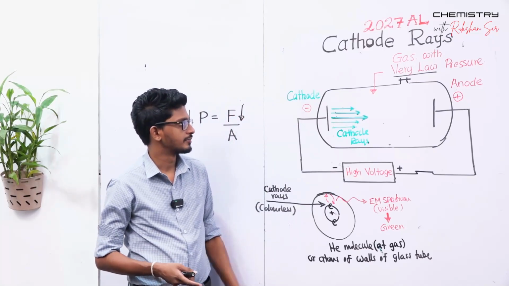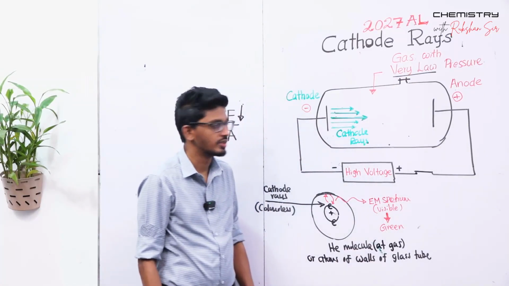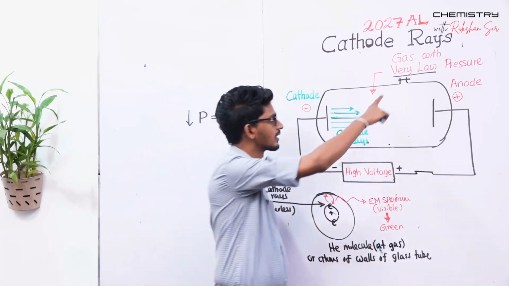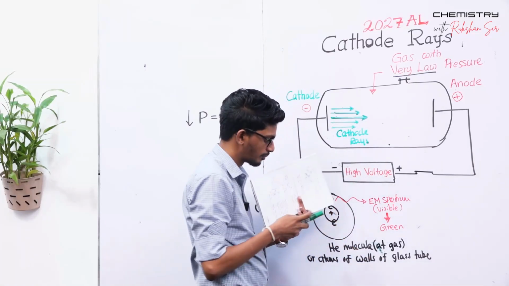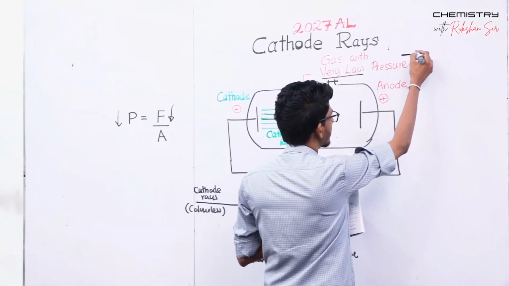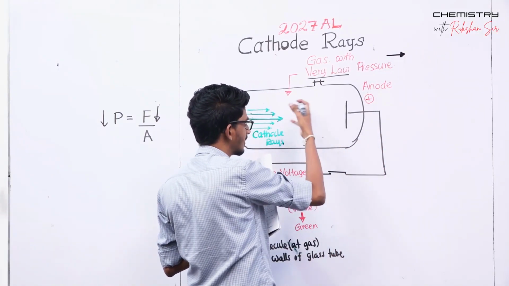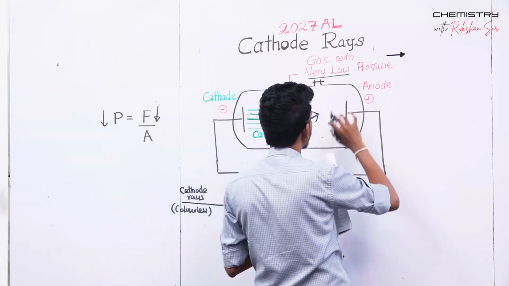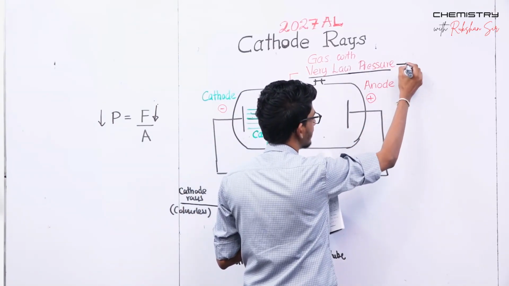So you can write a quick note about this as well. Why do we need a gas at very low pressure? The idea is, low pressure means a low number of gas molecules inside the tube. You can put an arrow line like this.